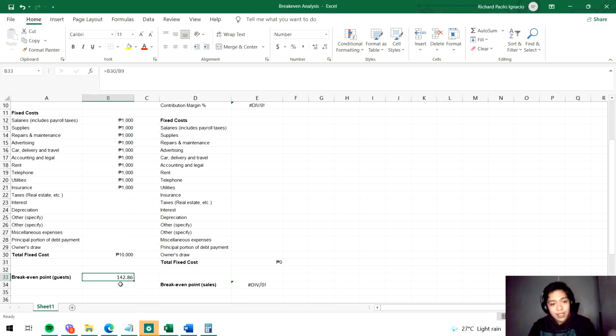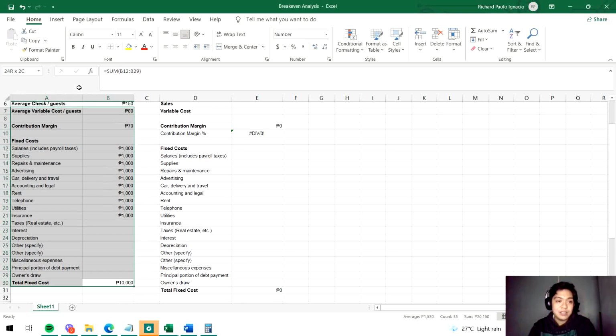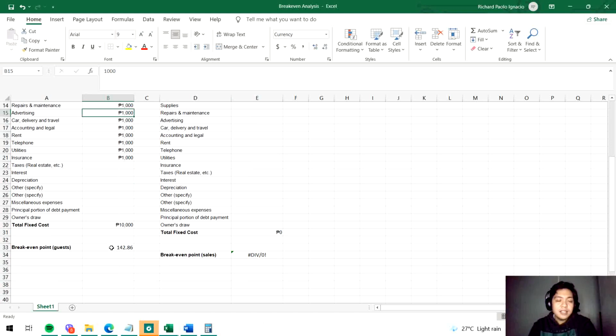And in this case, 143 guests ang kailangan nating iserve para mabayaran natin lahat ng operation cost natin, fixed cost and variable. Ibig sabihin, pag ang number of guests natin is umabot ng 145 or 150, kumita na tayo. Lahat ng kikitain natin after serving 143 guests, kita na natin yun. Yun ang ibig sabihin ng break-even point for guests.